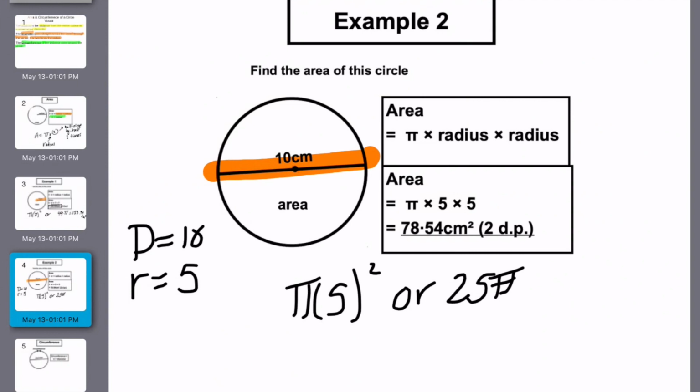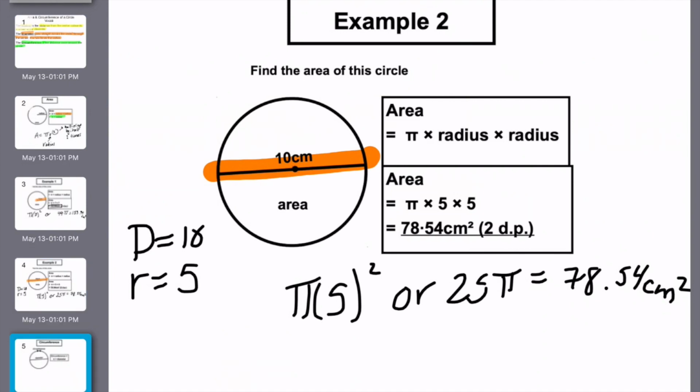And once I actually put that into the calculator, that comes out to be roughly 78.54 centimeters squared. Not too bad, right? Let's try this with circumference now.